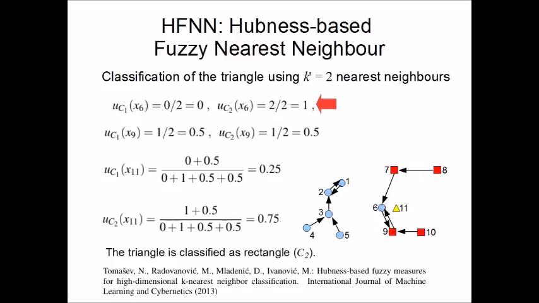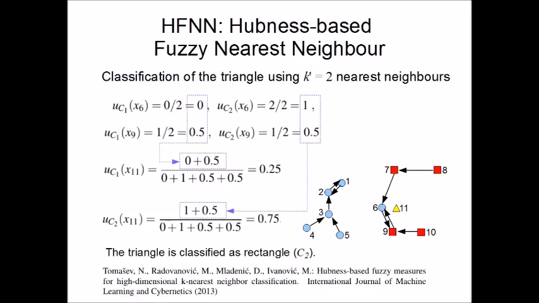We can calculate UC1 and UC2 for instance number 9 as well. In particular, for instance 9, both UC1 and UC2 will be equal to 0.5 because instance number 9 appears twice as nearest neighbor of some other instances. However, once it appears as the nearest neighbor of circles and once it appears as the nearest neighbor of rectangles.